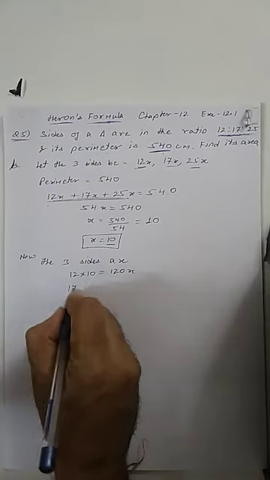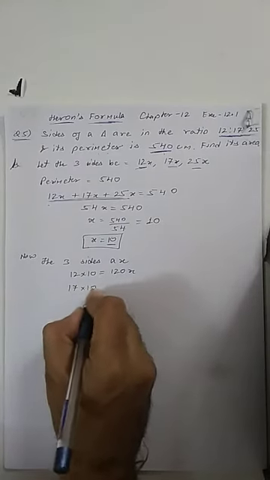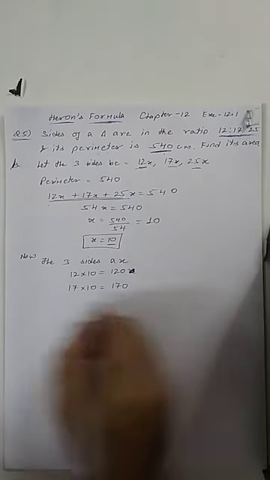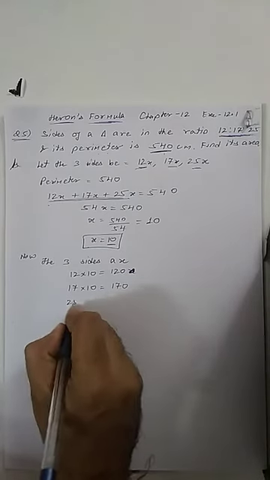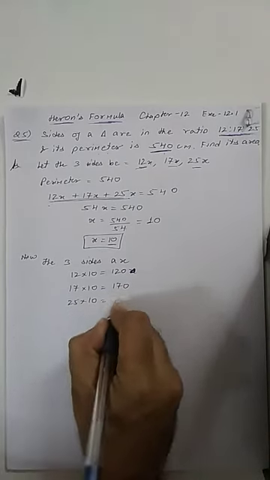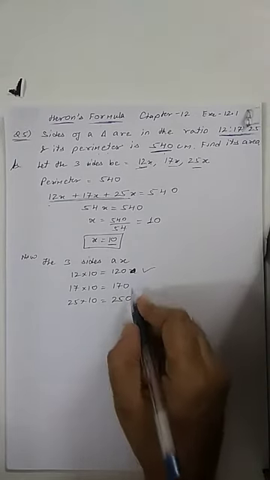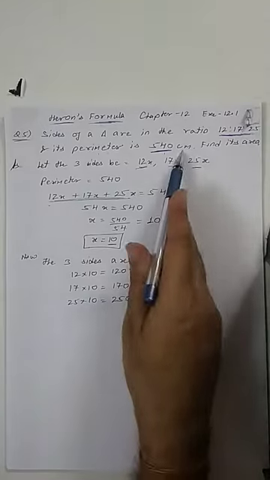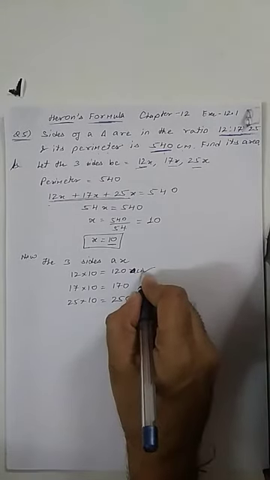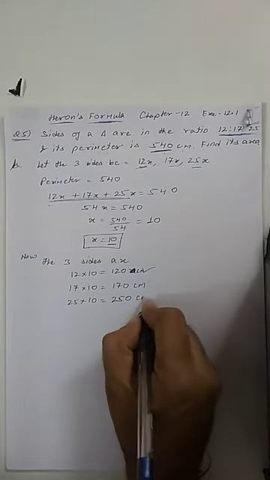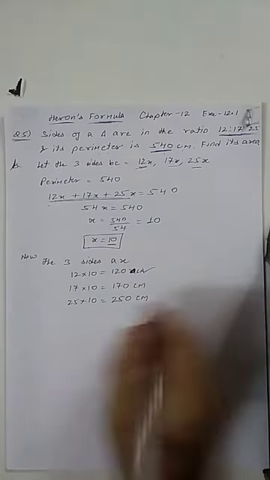After that 17 multiplied by 10, that is 170. After that 25 multiplied by 10, we got 250. Means the three sides are 120 centimeter, 170 centimeter, and 250 centimeter. Now using Heron's formula, correct?